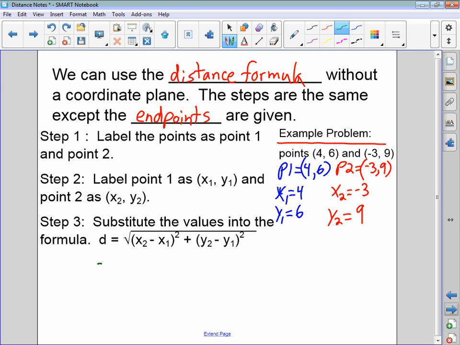And I get distance equals the square root of x2, which was negative 3, minus x1, which is 4, plus y2, which is 9, minus y1, which is 6.